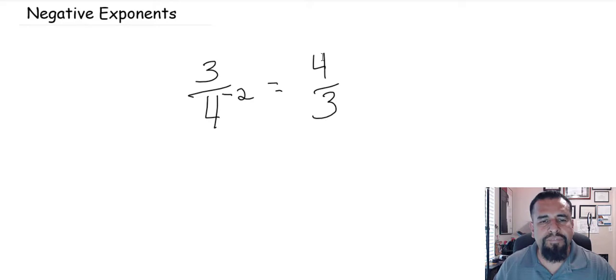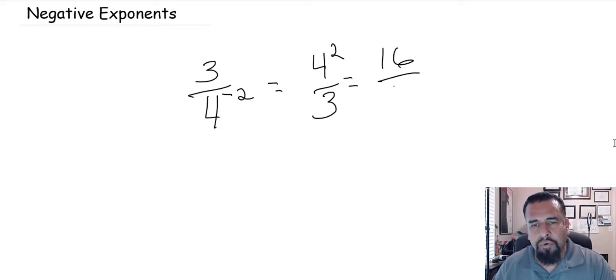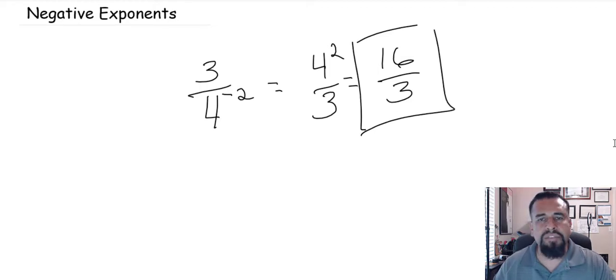But remember, that 4 has a negative exponent here, so that exponent goes to the top and becomes the opposite, which is a positive 2. It went from negative to positive. So now we have 4 times 4, which is 16 over 3. Final answer. Simple enough. Hope you're getting the hang of it.